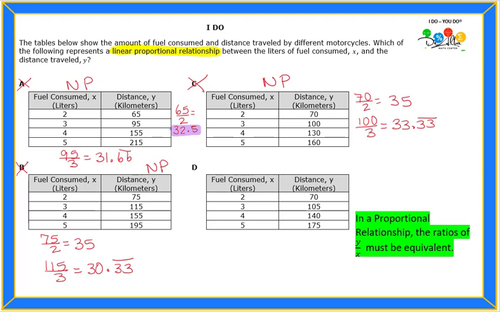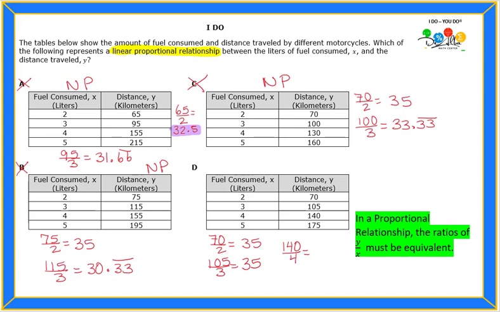So let's check it out. 70 divided by 2. We did it a couple of times, so it is 35. What you need to check, though, is 105 divided by 3. Go ahead and put it in the calculator, see what you get. You got 35, right? Awesome. What about 140 divided by 4?